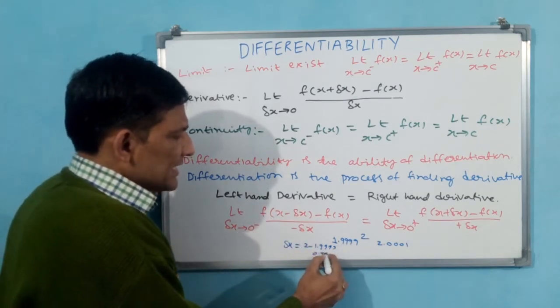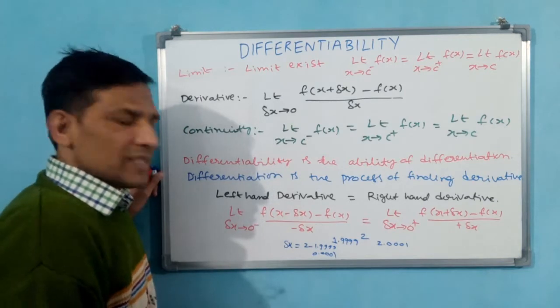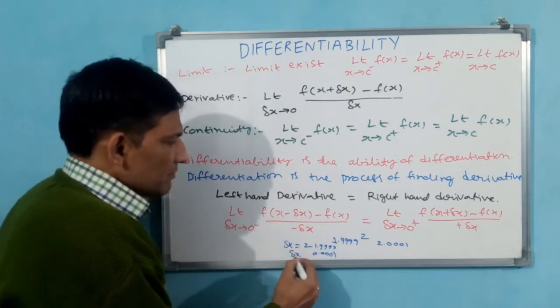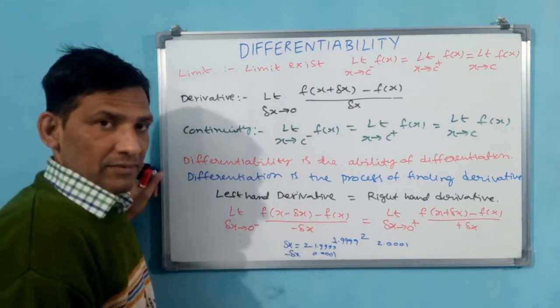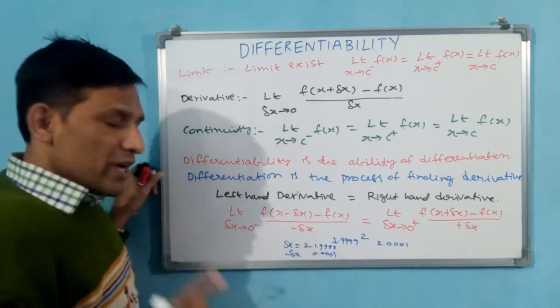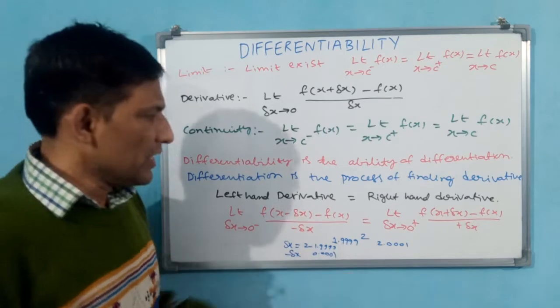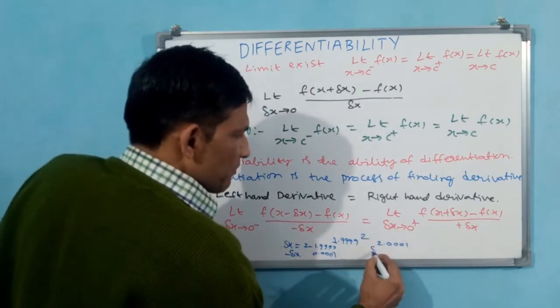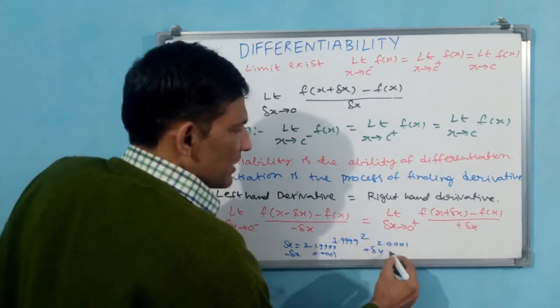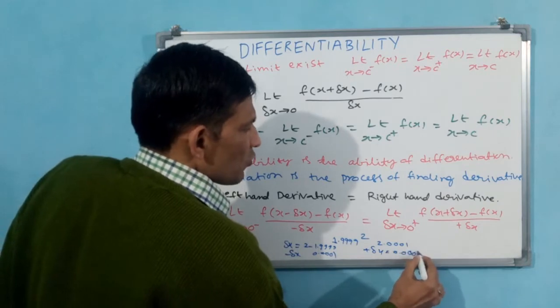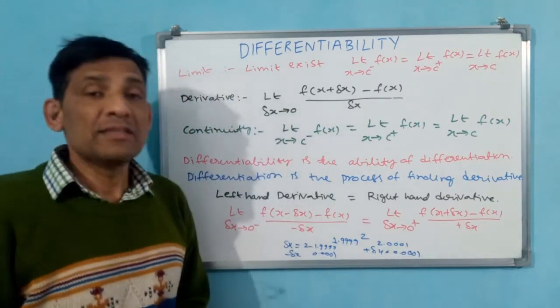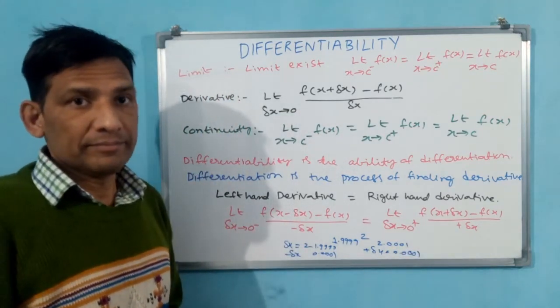How has this delta x come? Because it is minus. If delta x is minus, then only 2 is going to become 1.99. For the right hand limit delta x is positive, that is why 2 has become 2.0001. You have to keep that in mind.